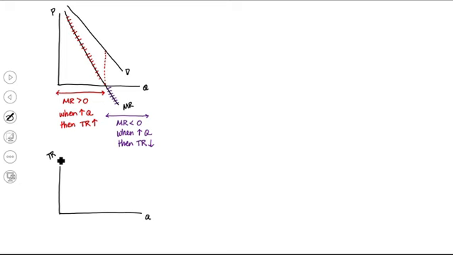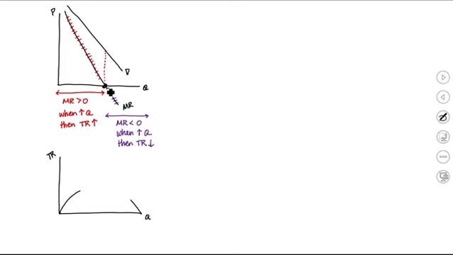I know it's going up on this side, and I know it's going down on this side. So where do we see the peak? The peak has to be right here. Everyone agree? This dividing point is going to be where total revenue goes from maximum and then starts falling. Everyone agree with that? So you got to draw it correctly.